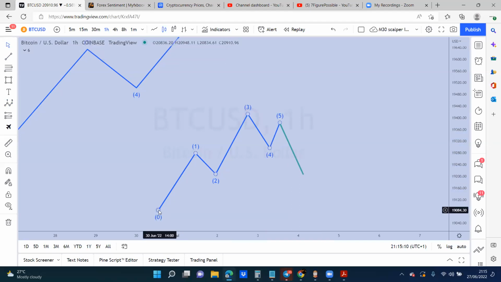The structure is supposed to be low, high, higher low, higher high, higher low. You expected to see a higher high, but it came here and stopped short, or maybe exactly at that point, or even a little higher, right?